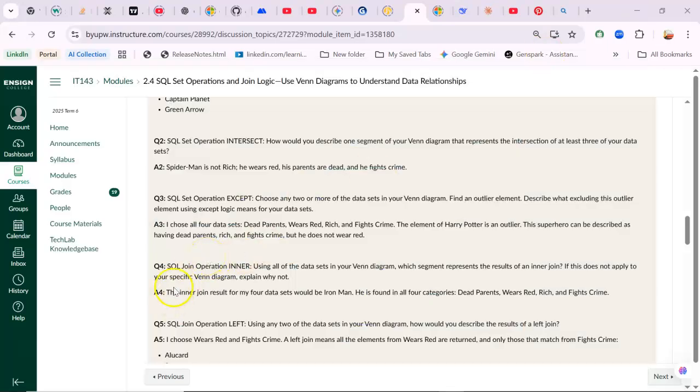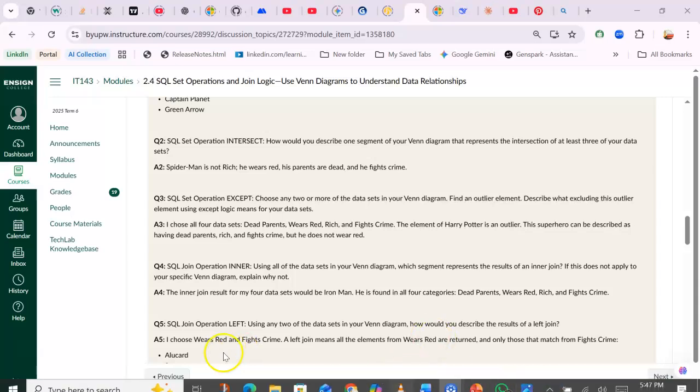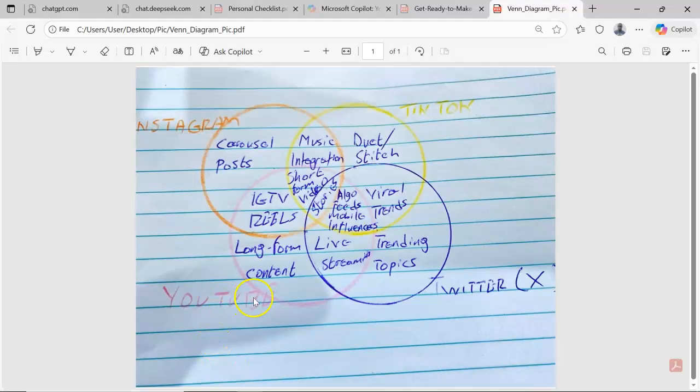So if I say a full join of YouTube and Twitter, it shows everything from both apps in one list, such as live streaming.